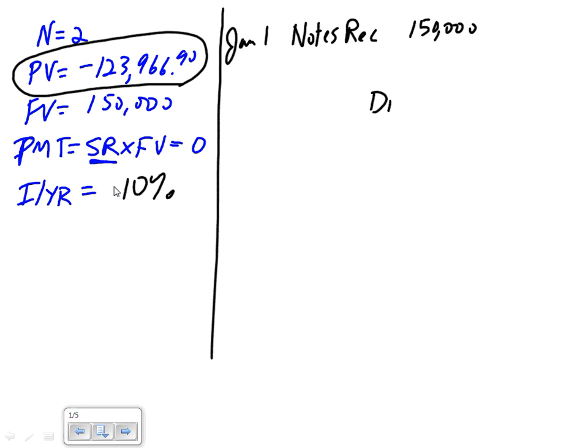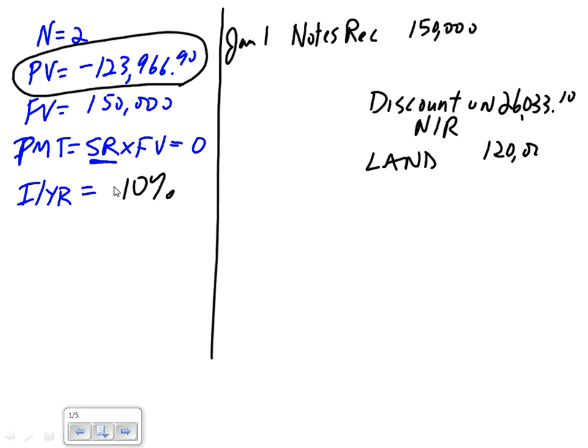So, discount on note receivable, $26,033.10. We're receiving something of value of $123,966. The land is on the books for $120,000, so it looks like we have a gain on the sale of land of $3,966.90.